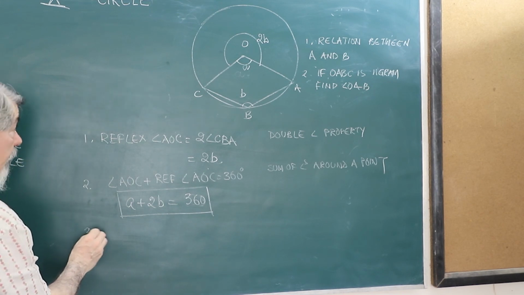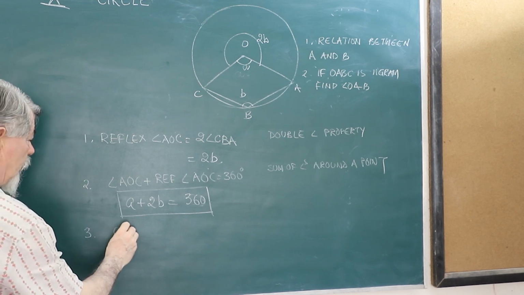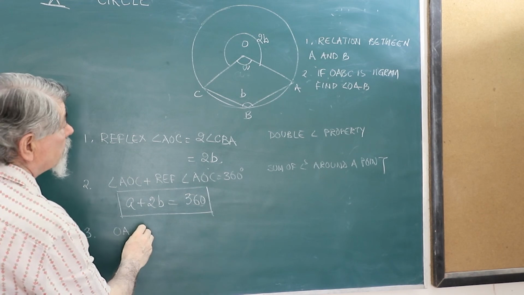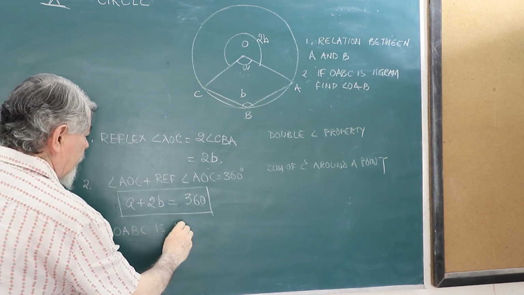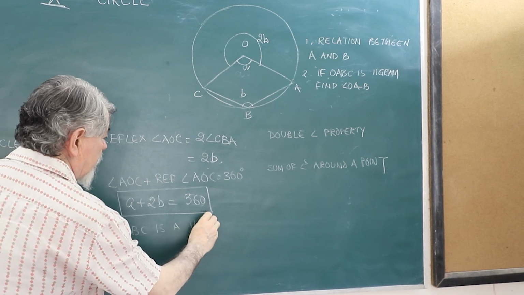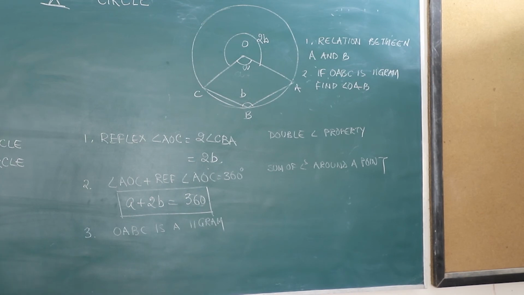Now he says if OABC is a parallelogram. What is the property of parallelogram? The opposite angles of a parallelogram are always equal.